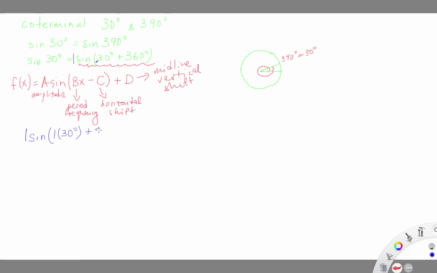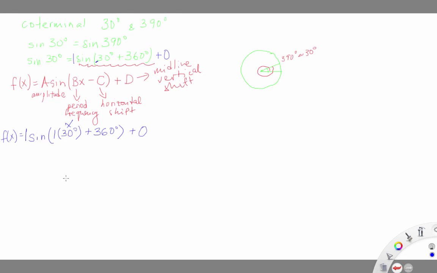Plus, our horizontal shift is 360 degrees. And our midline doesn't really exist, so it's really 0. Now we have this wonderful function. Usually this should be an x here, but in our case, we're just looking at one point in this function when x is equal to 30.